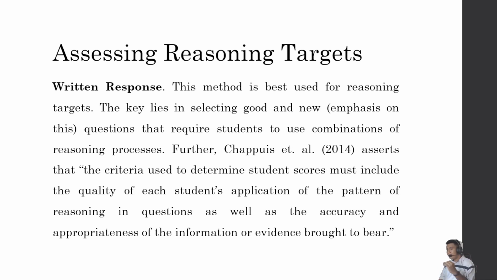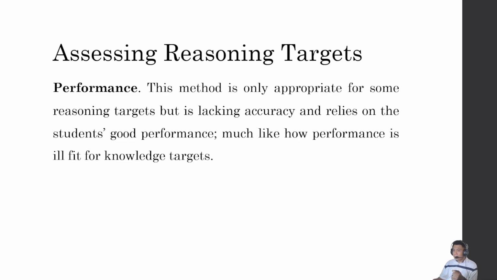It means that your sole criteria in assessing reasoning targets using written responses should be based on the response alone, not on the writing, not on the demeanor of the student, but only focusing on the content and how the logic and reasoning are actually present in the output.